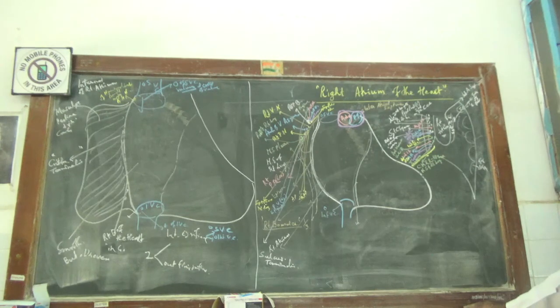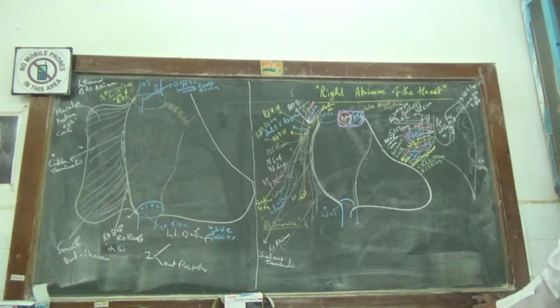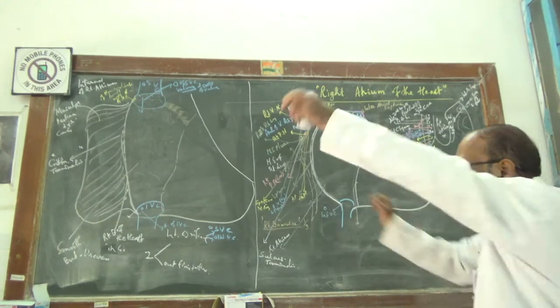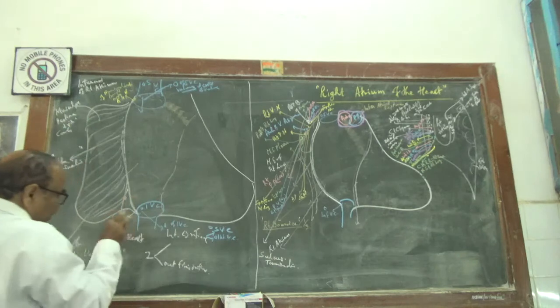Main are two: the superior vena cava and the inferior vena cava. The inferior vena cava orifice collects the deoxygenated blood from the lower limbs, pelvis, perineum, abdominal cavity, and the smallest part, the thoracic part of the inferior vena cava where it is pericardial.